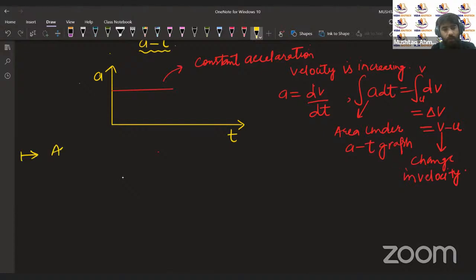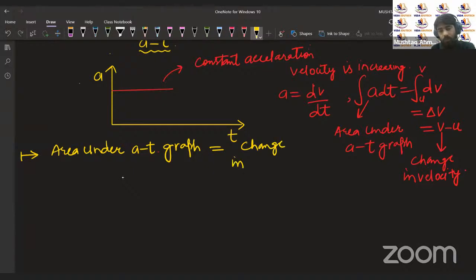So we can conclude here that the area under the AT graph gives the change in velocity, right?